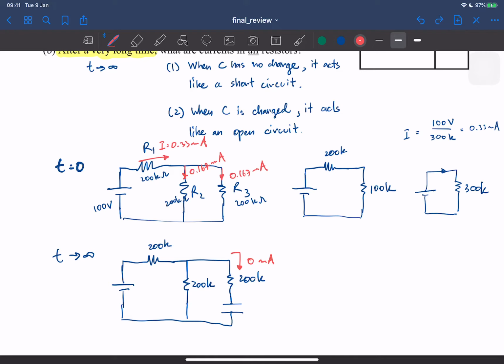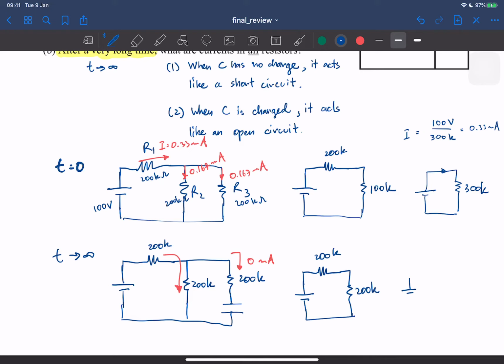So when the current becomes 0, all the current will flow through these two resistors. So the circuit becomes something like this: battery, and then one resistor, and then another resistor here. The other capacitor doesn't participate in the circuit.